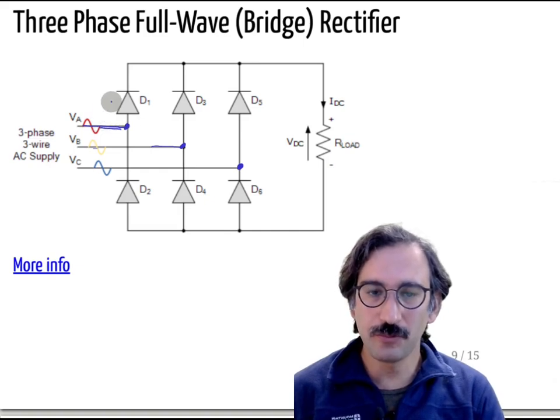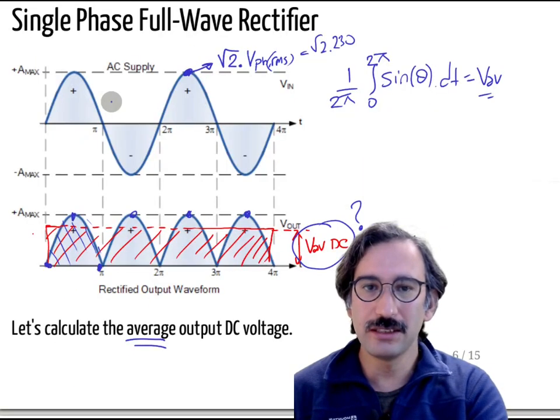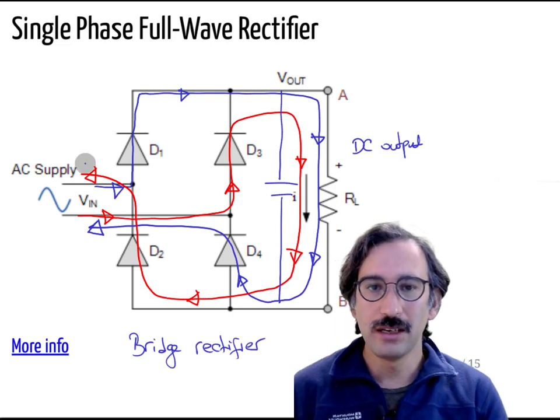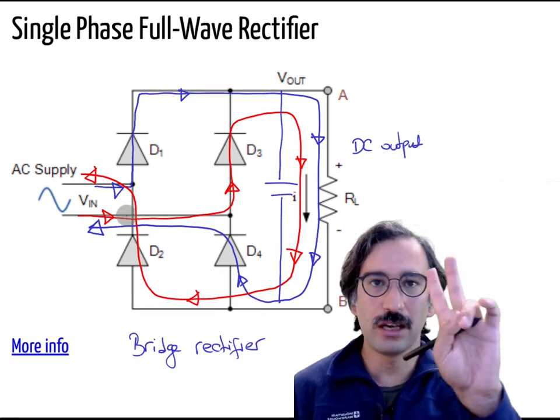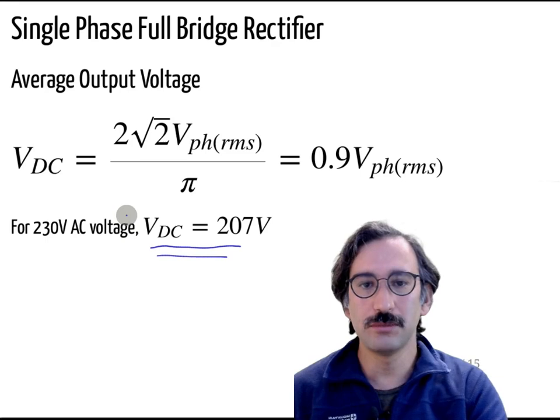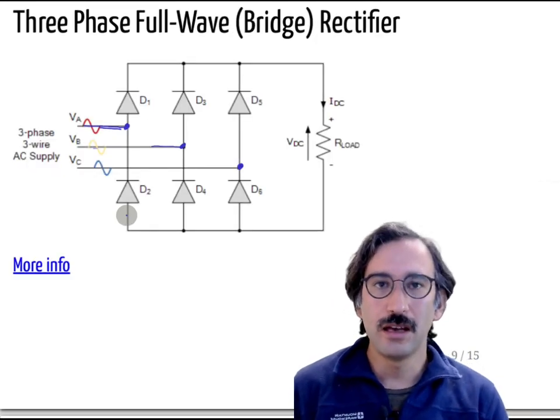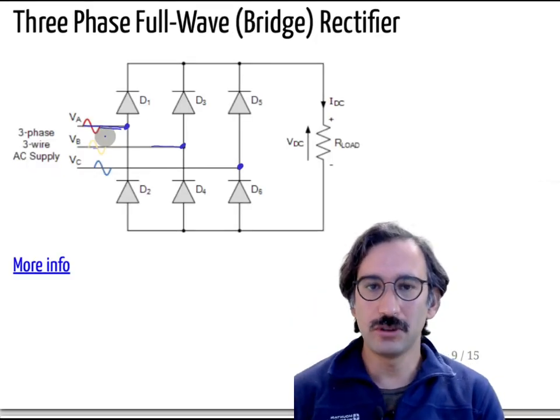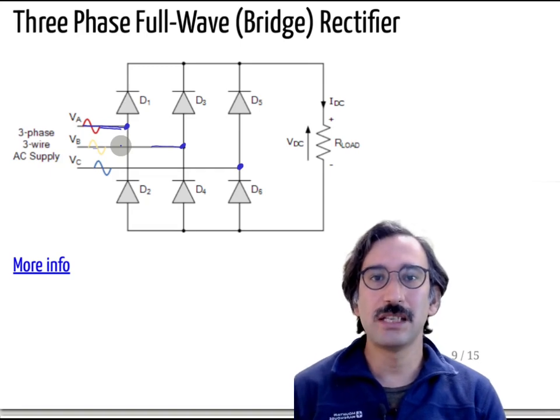So what was happening in the single phase? You have either that connection path or that connection path. So you had two possible configurations, and depending on those, you had either positive or negative voltage. So here, how many different possibilities do you have?